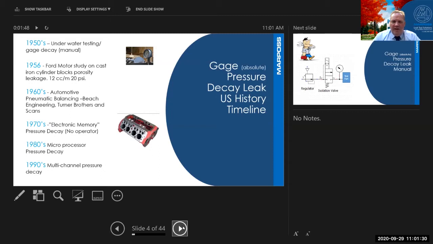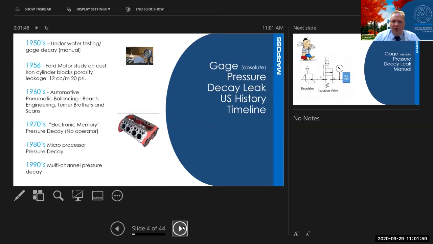It was done on cast iron cylinder blocks. And the specification that really came out of that was 12 cc's at 20 PSI. The reason that's important for automotive is that it really became the casting specification for a number of years. This carried well into the 90s and into the aughts.